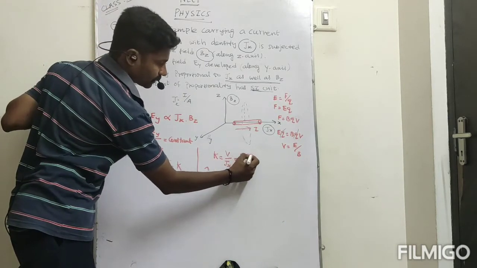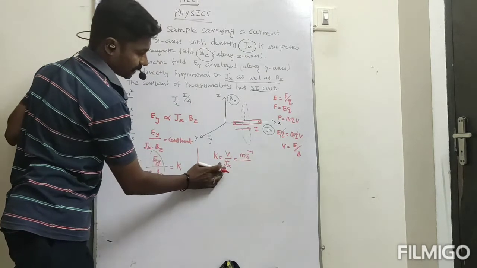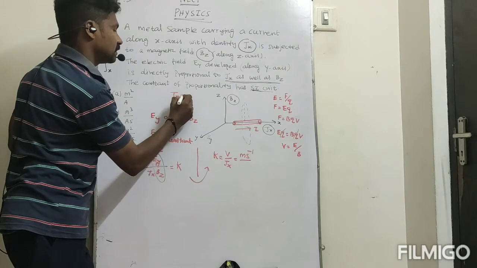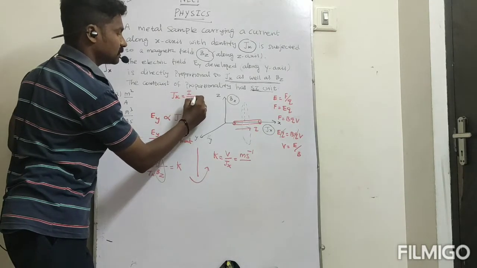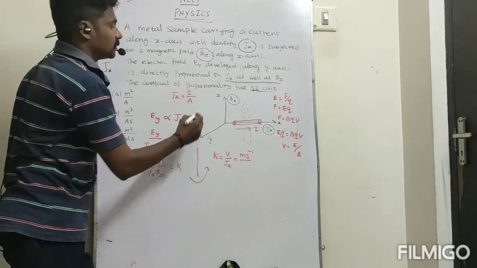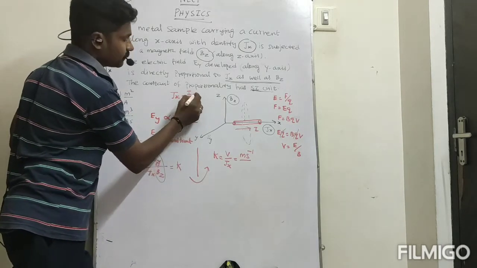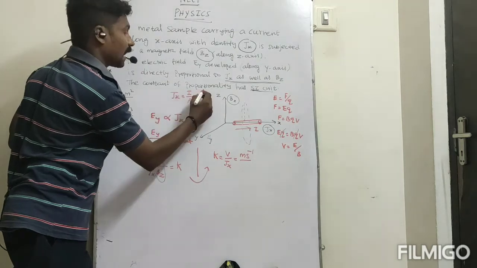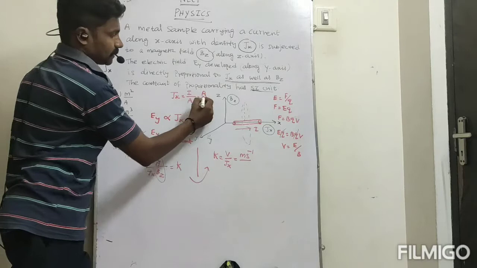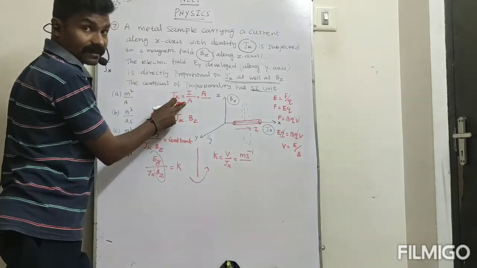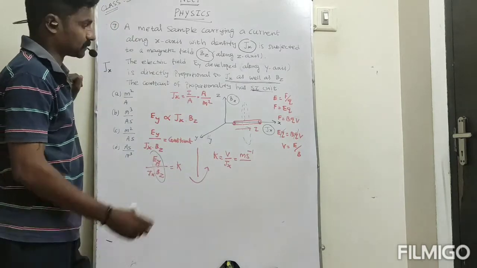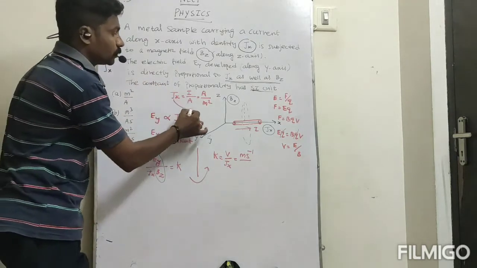Now it is very simple. The unit of velocity, you know, is meter per second, divided by the current density. Current density means current passing through unit area. Ampere is the unit of current I, divided by the cross-sectional area, whose unit is meter square. So ampere per meter square is the current density unit.